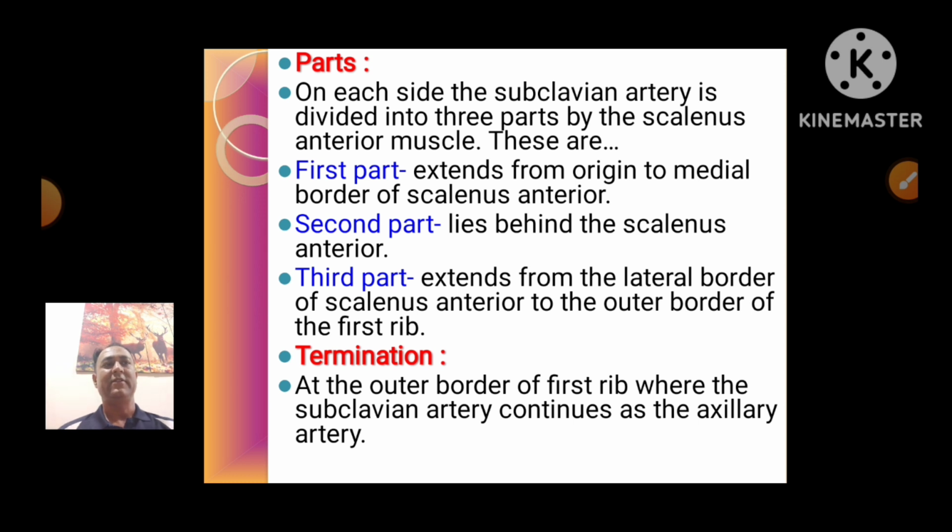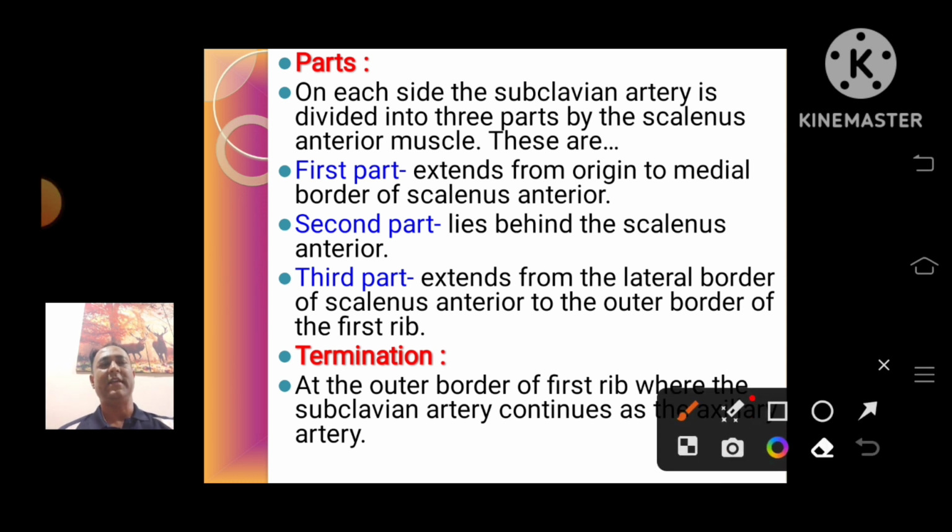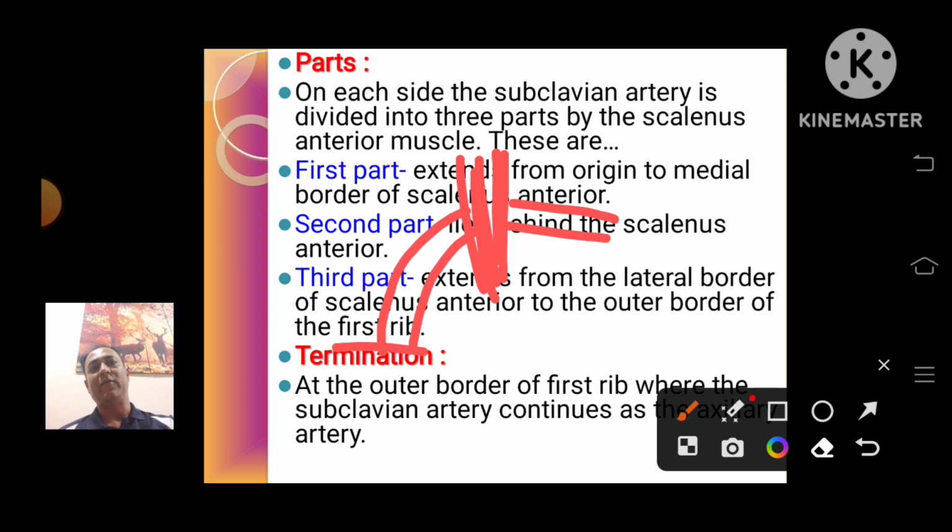So here you can see, for example, this is the scalenus anterior muscle, right, and this is the subclavian artery. Okay, so from origin to the medial border of the scalenus anterior muscle, this is the first part.